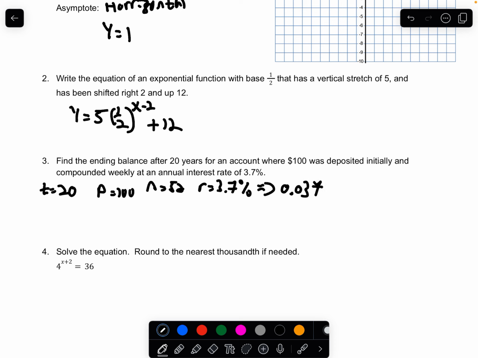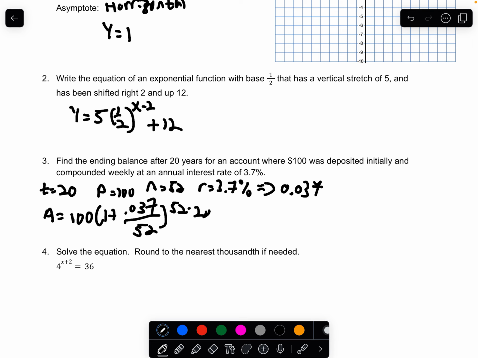So writing the equation, the amount in the account equals 100, because that's our initial investment, times 1 plus our interest rate of 0.037 divided by 52, that's n, to the 52 times t, which is 20 power. So you type that into your calculator.